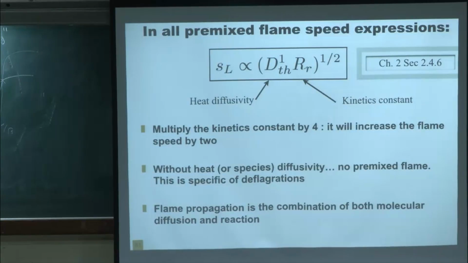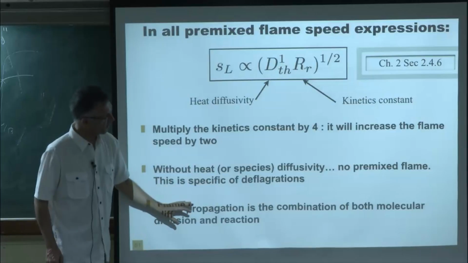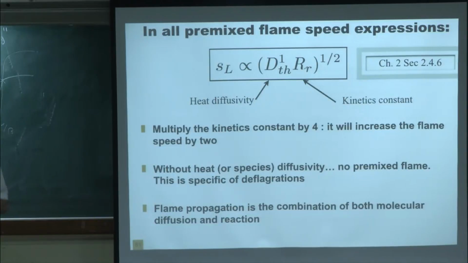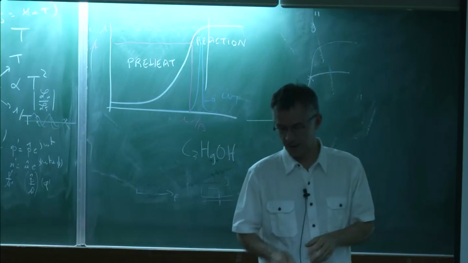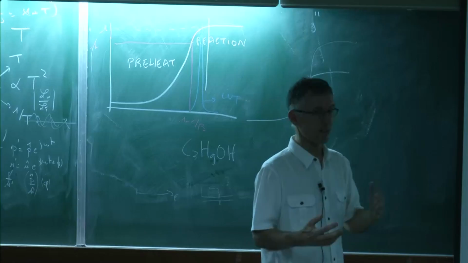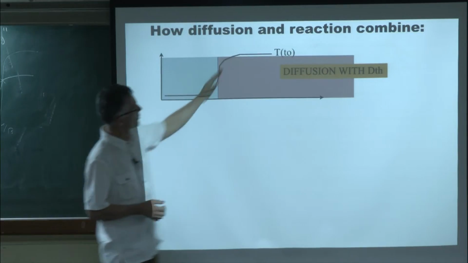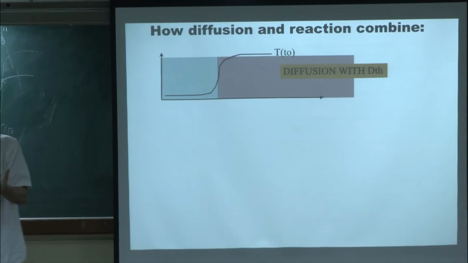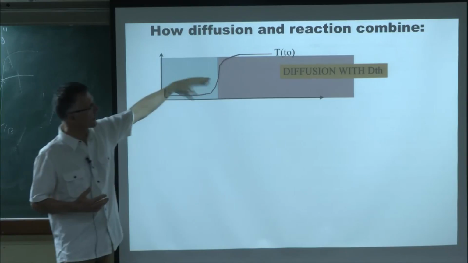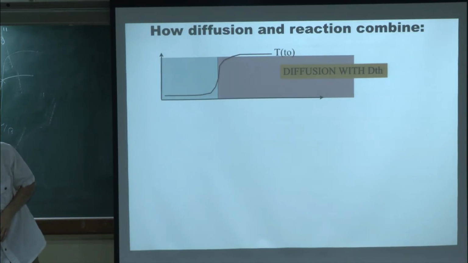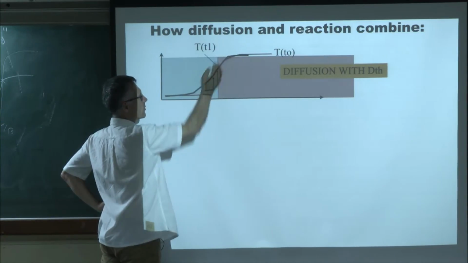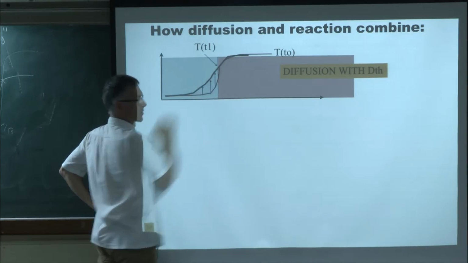The mechanism here is also interesting to illustrate in a different way. Why does the laminar premixed flame move? That's an interesting statement, actually. If you look at the flame at a given time, you see that if this is the temperature profile, you can basically split these two operators, diffusion and reaction. If you look at a given time and worry about what's going to happen because of diffusion, you see that diffusion will take heat from the hot zone and heat up the fresh gases here.